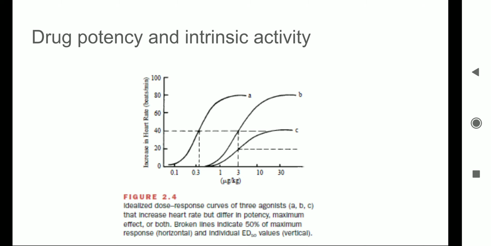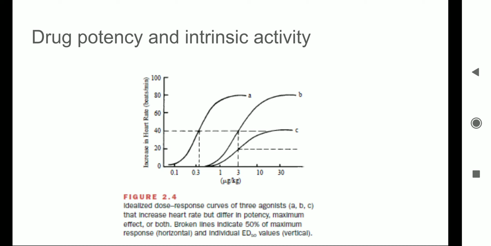So the amount of drug A required to produce a response is less, so we can say that the ratio of ED50 of drug B upon ED50 of drug A is 10. So this means that drug A is 10 times more potent than drug B.